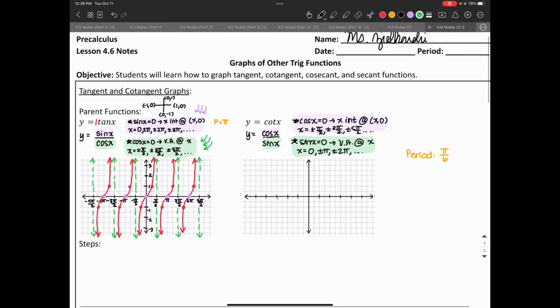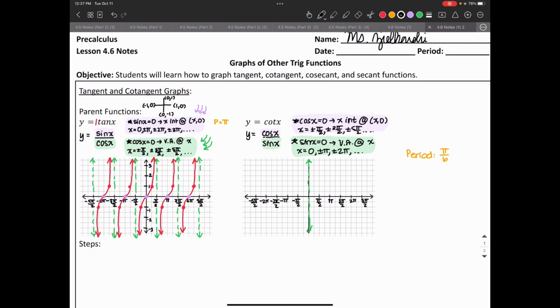Let's plot the vertical asymptotes. So I have a vertical asymptote at 0. I didn't scale my graph. So this is pi over 2, pi, 3 pi over 2, 2 pi, 5 pi over 2. This is negative pi over 2, negative pi, negative 3 pi over 2, negative 2 pi, and negative 5 pi over 2.